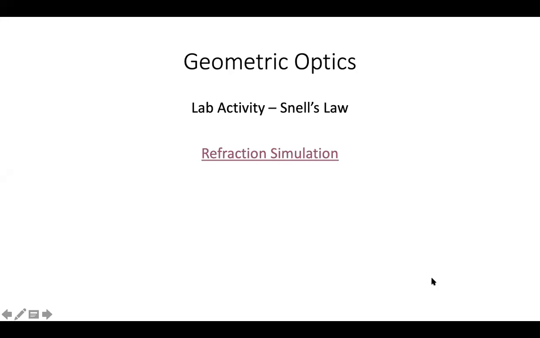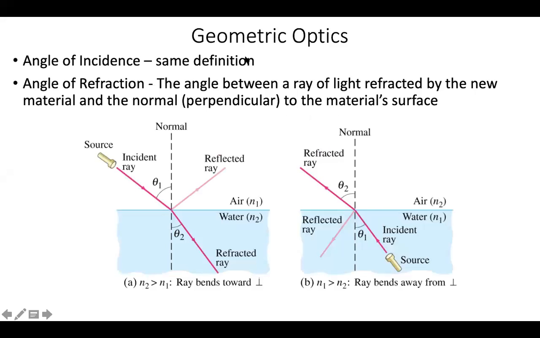Okay, so let's go back and finish up our notes here. Okay, right, so this is the idea, right? And Snell's law is the next slide here. Oh, it's two slides away, right?